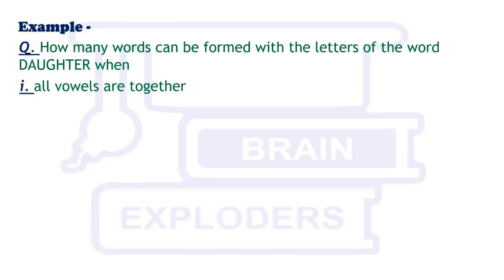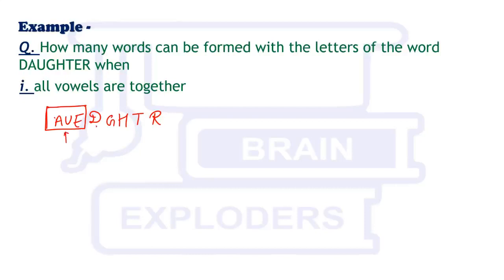So, all vowels are together. In the word DAUGHTER, the vowels are A, U and E, and the remaining letters are D, G, H, T, R. It is given that these 3 letters A, U and E should be together, so we will treat them as one element, a box.